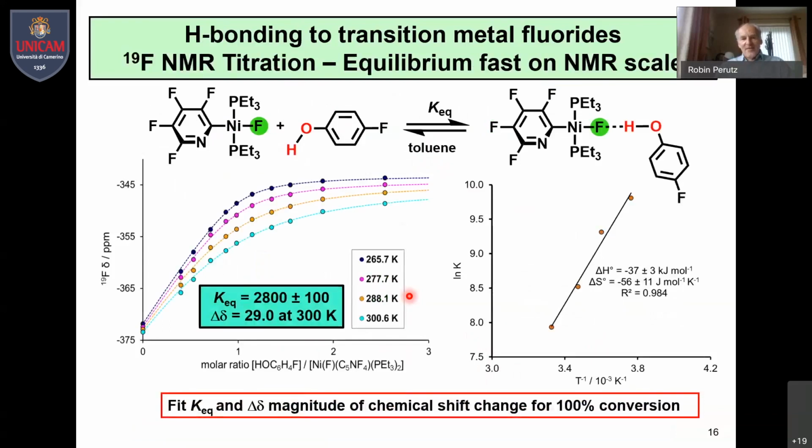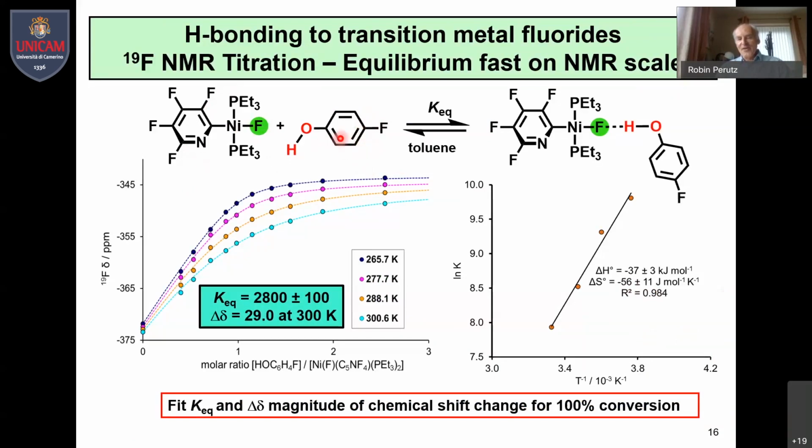So now we can do that experiment to measure the strength of the bonding. So here's one of these nickel complexes as before, and the hydrogen bond donor is 4-fluorophenol. There's a reason for choosing that. It's one of the standards for organic chemists' hydrogen bonding, so it gives us a good comparison.